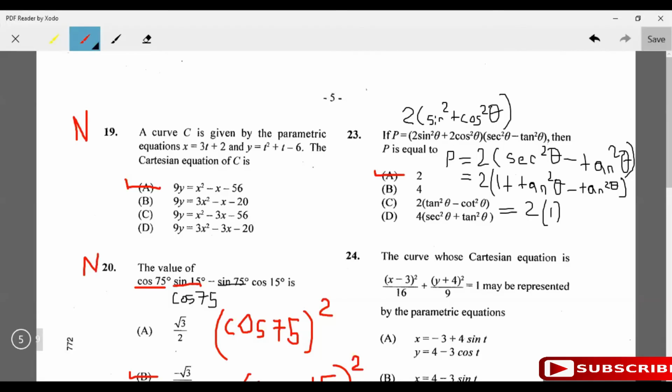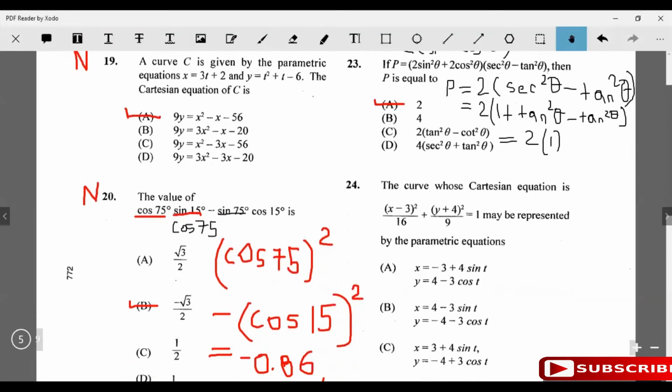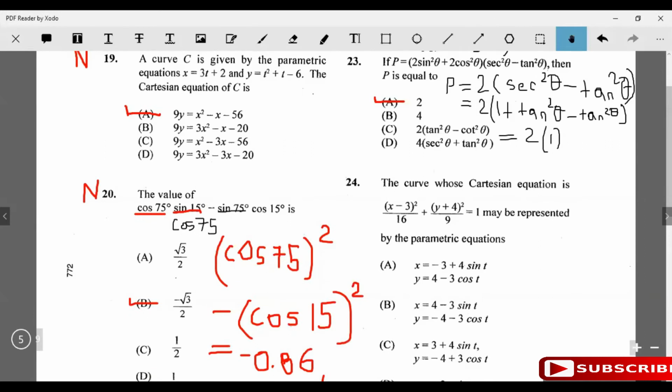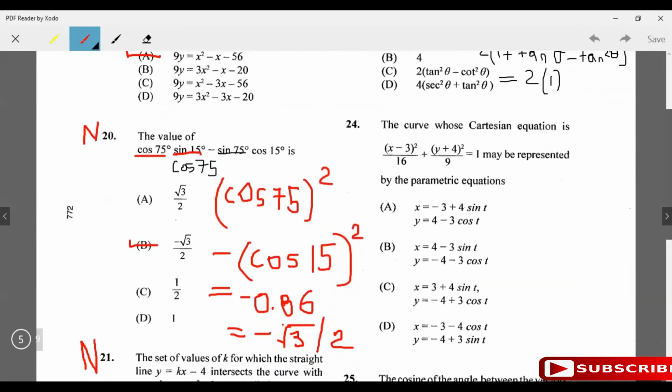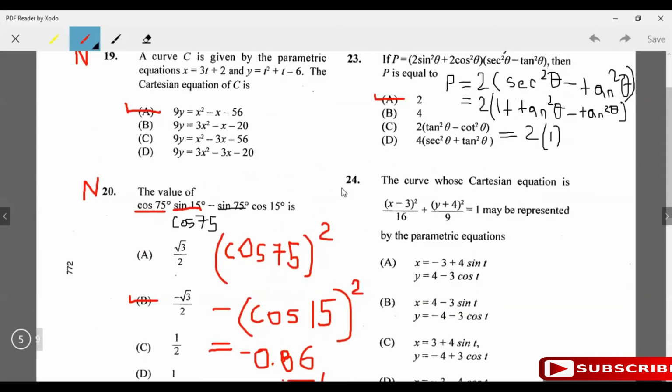All right. Question 24. This is the nicest question on the paper. Anything with parametric equation or vectors. Vectors is my favorite topic. So let's put that 24. This is a new question, N for new.